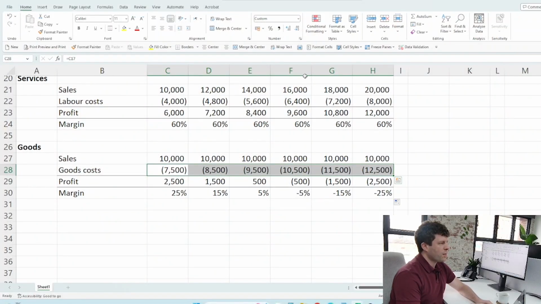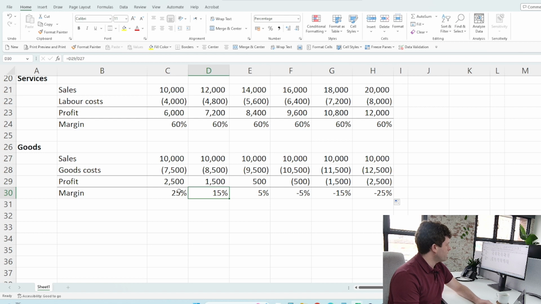Now, this could be that they're selling just as much as they always have, and the price their suppliers are charging them has increased. Or it could be that they're putting their prices up, but selling less of the goods. At this point, we can't tell in more detail, but we can tell that they are making less profit every month.